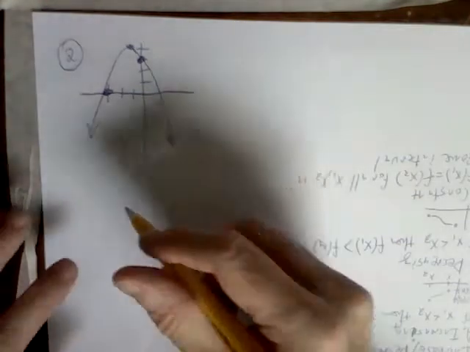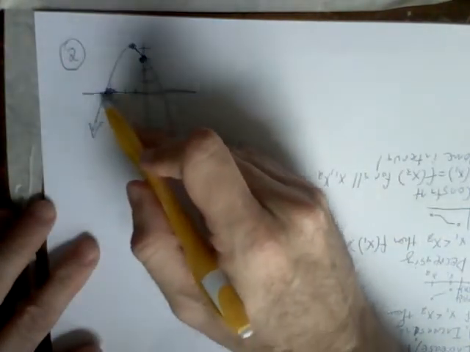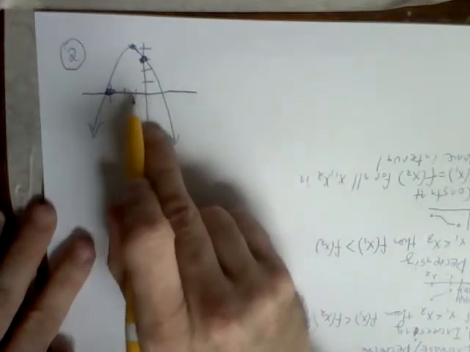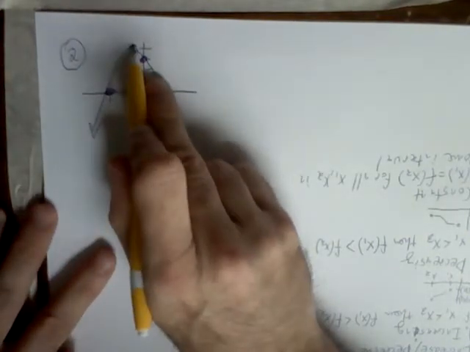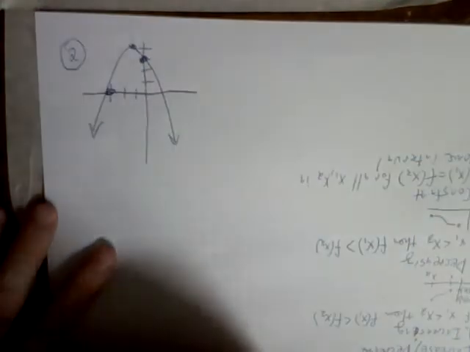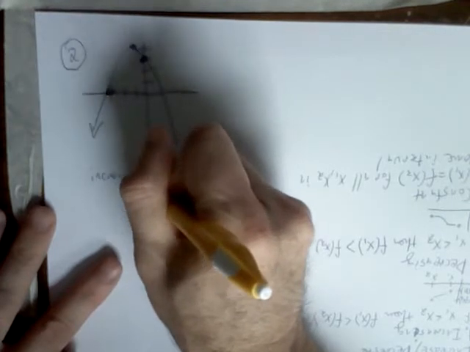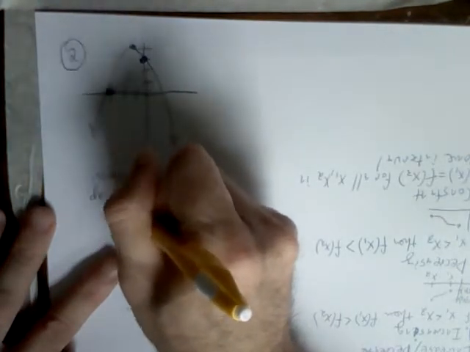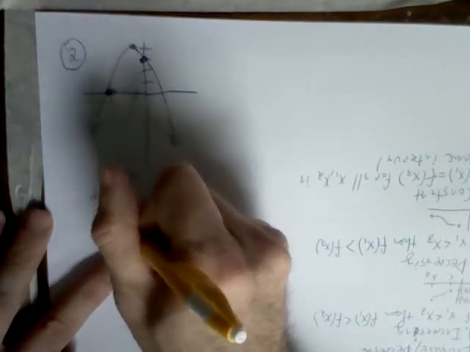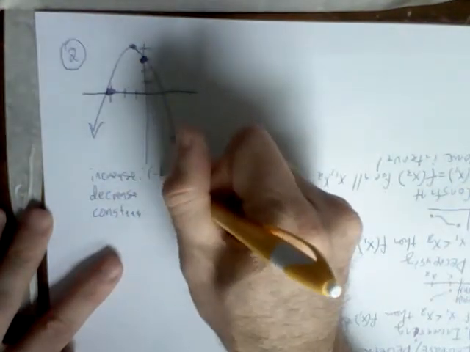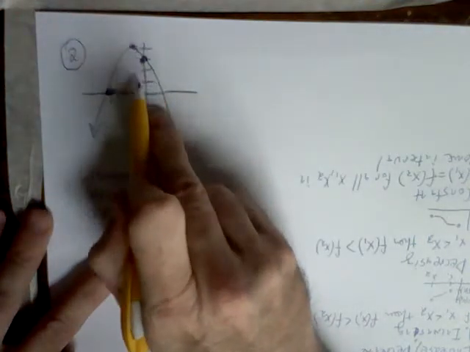Okay, so where is it increasing? Well, it's going up, literally, from -infinity to that point. Right, so we can sort of do a little table here. Increase, we're going to need the interval of decrease, and then where is it constant? So it's increasing from -infinity to whatever this point is here.